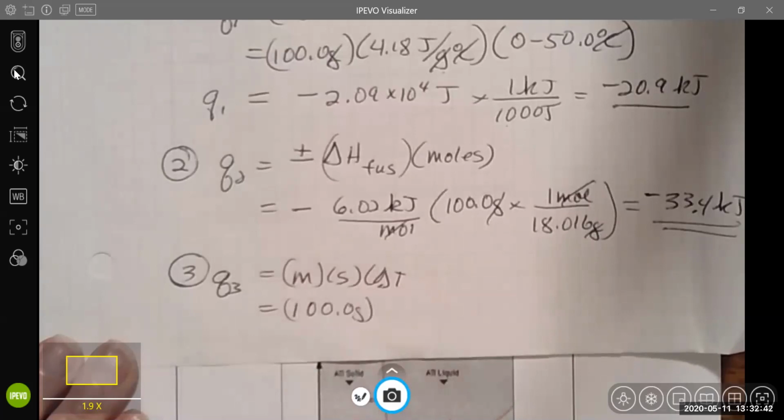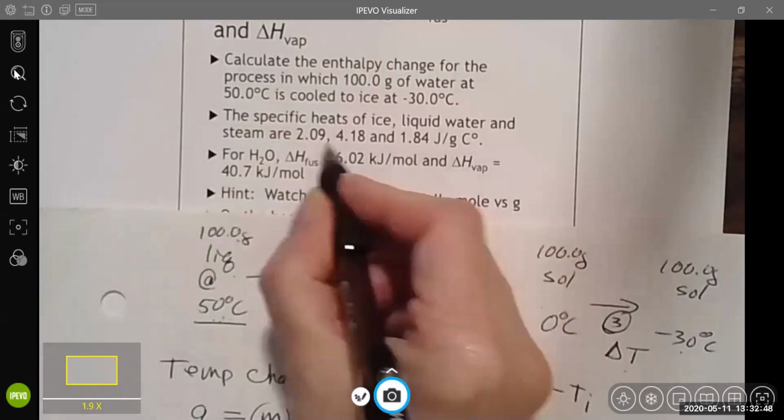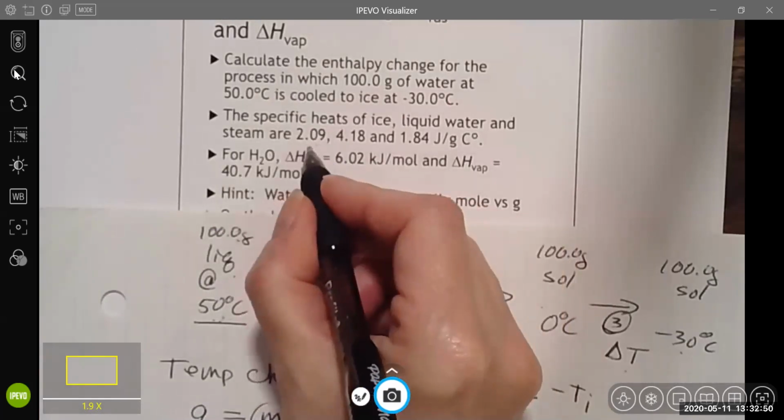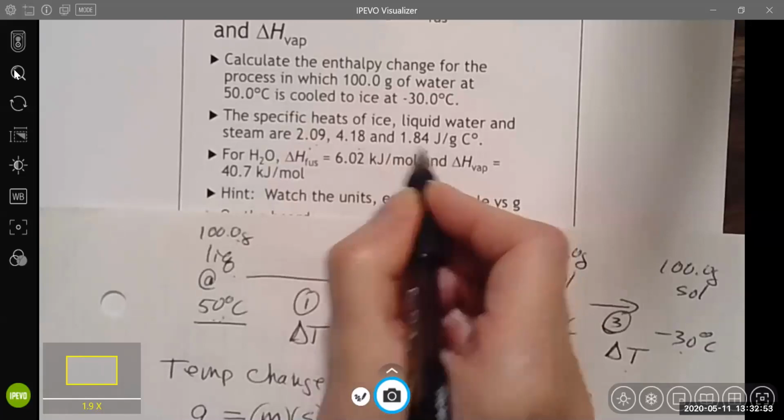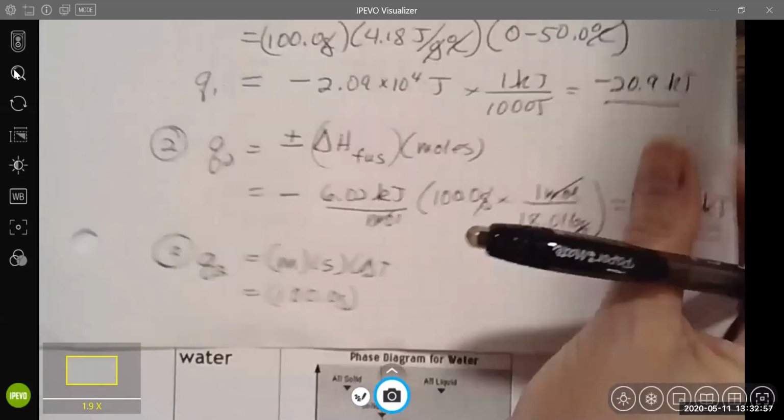For the specific heat, we have to use a different one because now we're at ice. The ice has a specific heat of 2.09. So ice, liquid, gas. So 2.09. Back over here.